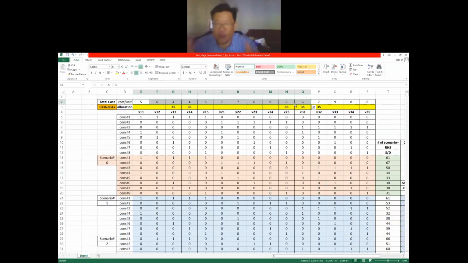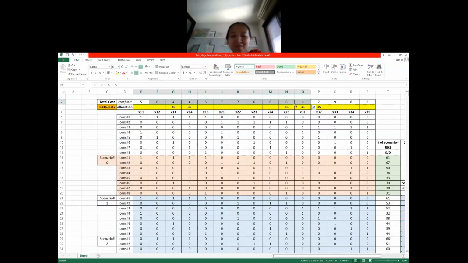Okay, so this is the platform of problem where we're going to integrate the previous two big assignments into just one sheet to work on. So it's the start of the last assignment, let's just say that.